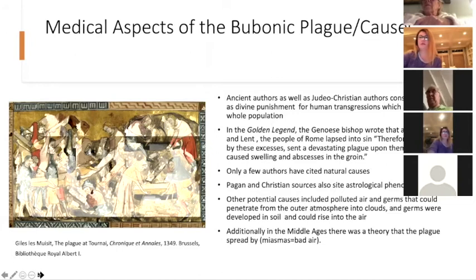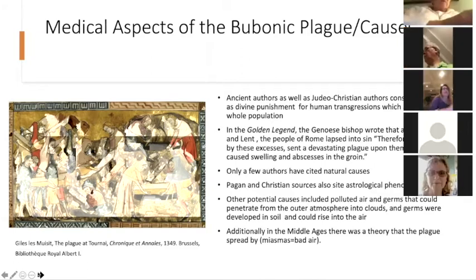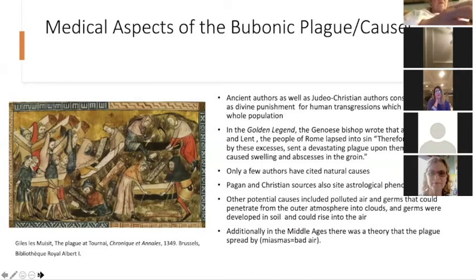That was the thought process, that the plague had been brought on by inappropriate behavior. And only a few people during the Middle Ages thought that the plague had been brought on by natural causes.